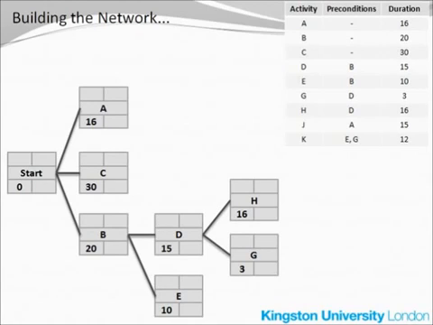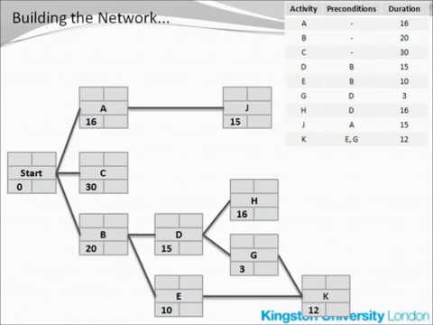Next in the line is activity J, which follows after A, like this. And finally, the activity K is a little bit more complex because it has two preconditions, activity E and activity G, which may be shown in this way. We are almost finished, but we cannot leave any of the nodes without the line outgoing from this node.